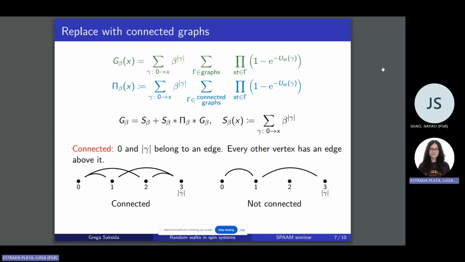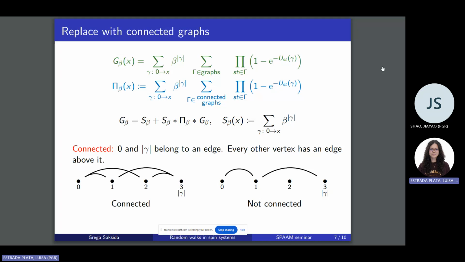It's easy to get bounds and asymptotics on this function S. And it's not easy, but it is doable, to get asymptotics on this object pi. And then from this equation, we can get asymptotics on G. So even though in some respects we have made our problem massively more complicated, we at least now have to deal with objects that are easier to analyze in the end. So this is what we gain.